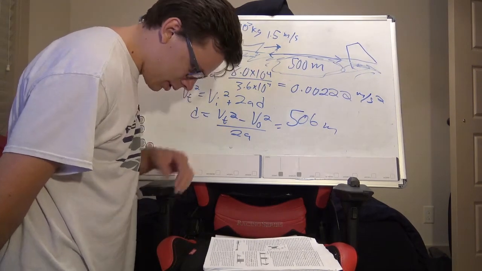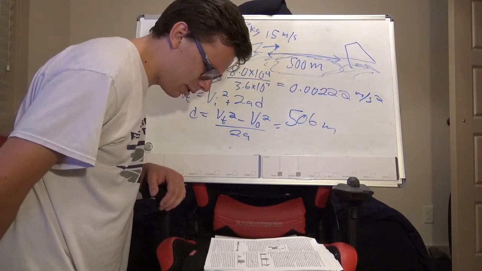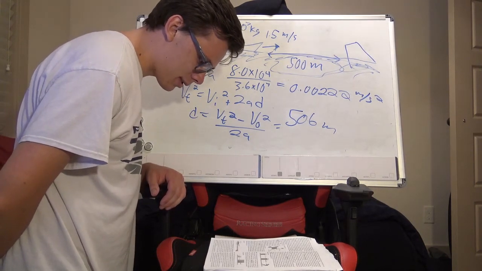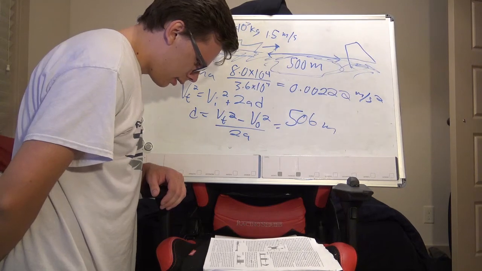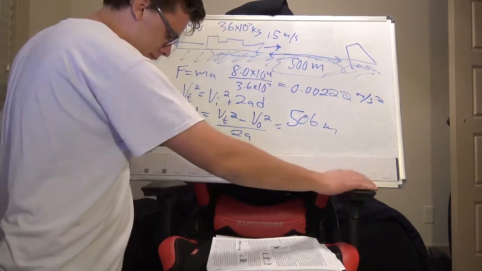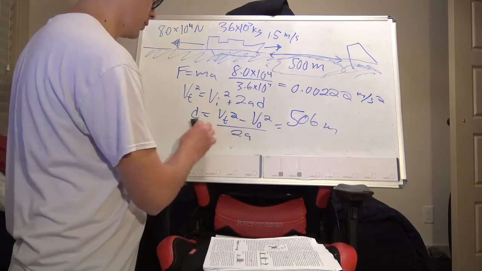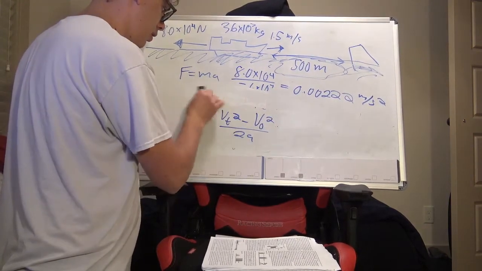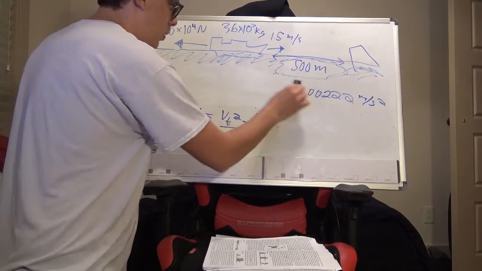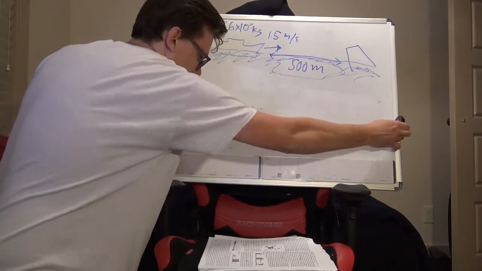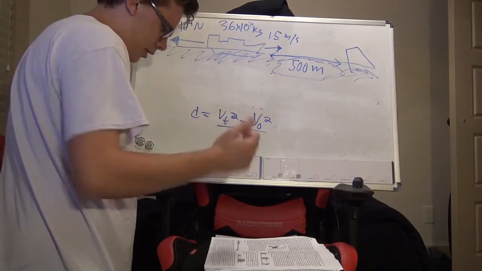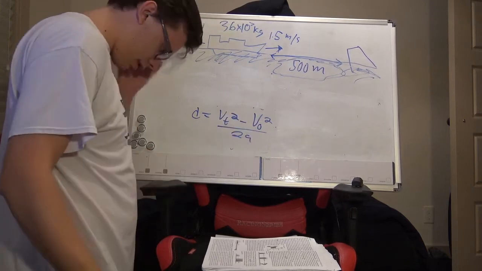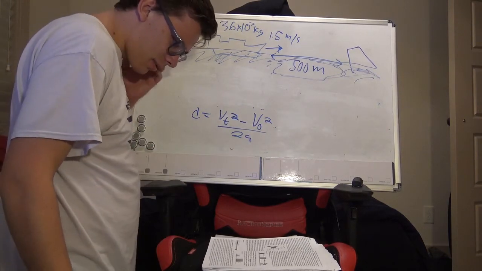But we still want to know, will the oil be safe? Because the hull can withstand impact at a speed of 0.2 meters a second or less. So what we can do is we're just going to use this equation right here, because now we have a final velocity of 0.2.